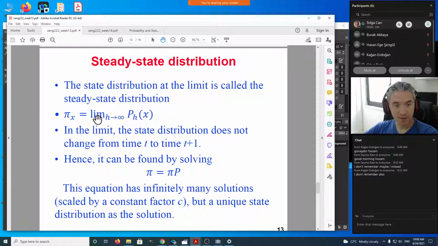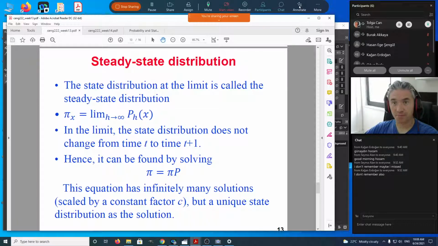In some problems, we may be interested in those steady state distributions. For example, the initial Google PageRank was computed as a steady state distribution, again related to random walks on graphs. You have some initial state, and imagine we are simulating a random surfer who is surfing the web. This person is likely to start at any web page randomly available in the world. So that's the initial distribution P0.